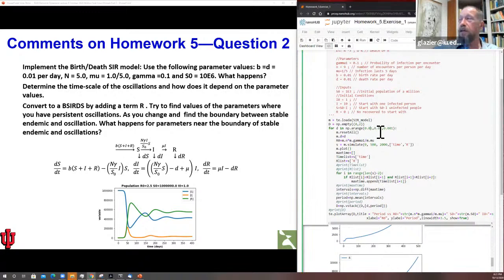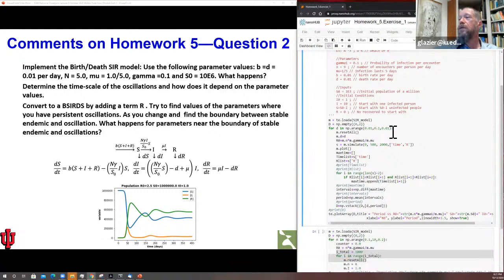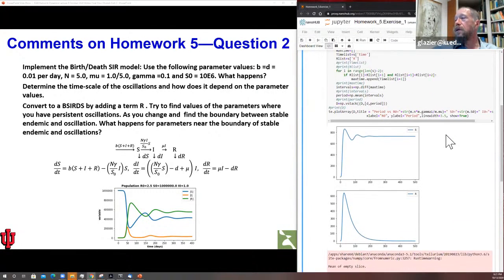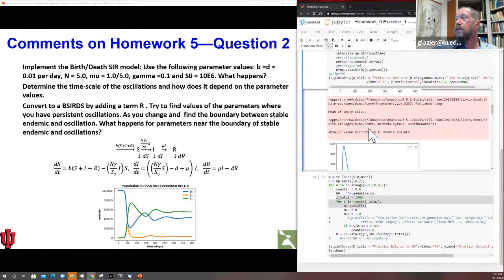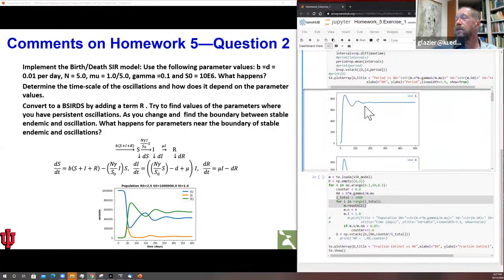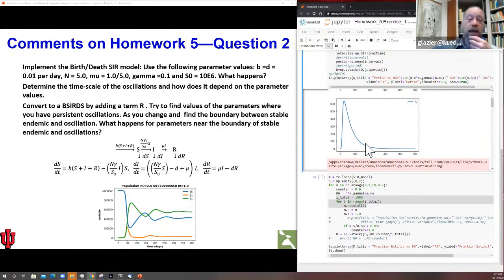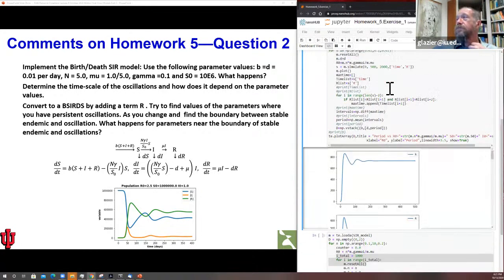If I start with my death rate being 0.1 and go up to 0.1 there, then again, the first one oscillates. The others have everybody die out. So that's not so interesting.